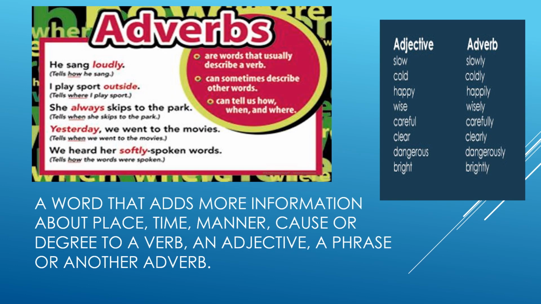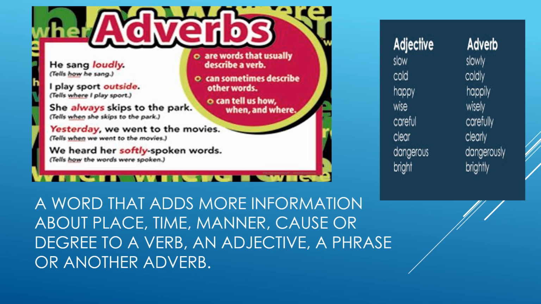So, first of all, I would like to give you a glimpse of adverbs. What is an adverb exactly? Adverbs are words that usually describe a verb. They can sometimes describe other words also, and can tell us how, when, and where.